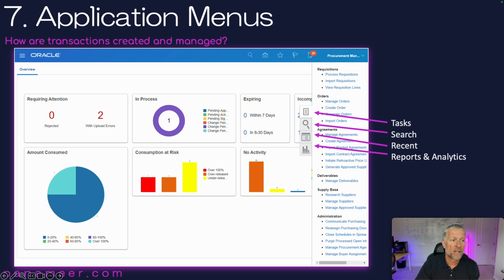Okay, slide 7. How are transactions created and managed? We just put together a basic transaction page here: amount consumed. This is probably agreements, consumption at risk. If you look, when you go to the right, you'll see 3 little icons, and I expanded this, but they really mean tasks, search, recent, and there's some variability.